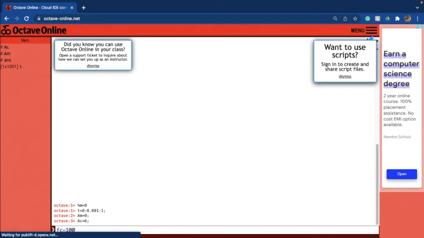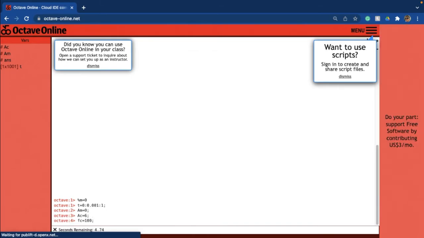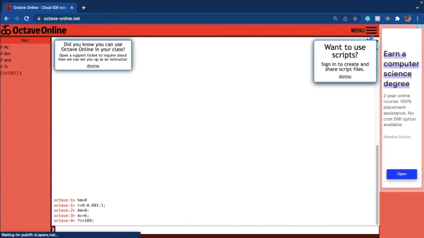I've taken 100. fm can take around 5 hertz. m has to be mentioned.